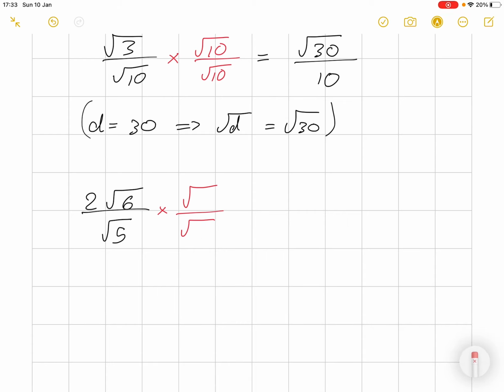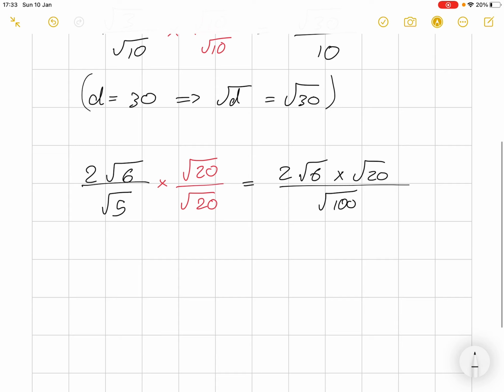So 2 root 6 times root 20, divided by the square root of 100, which is equal to 2 root 120 divided by 10.